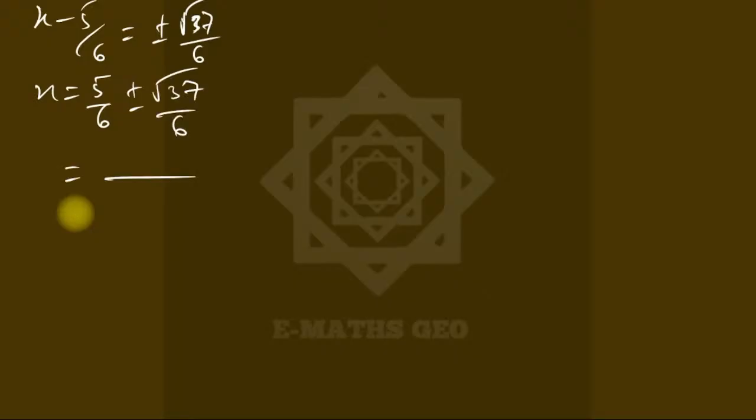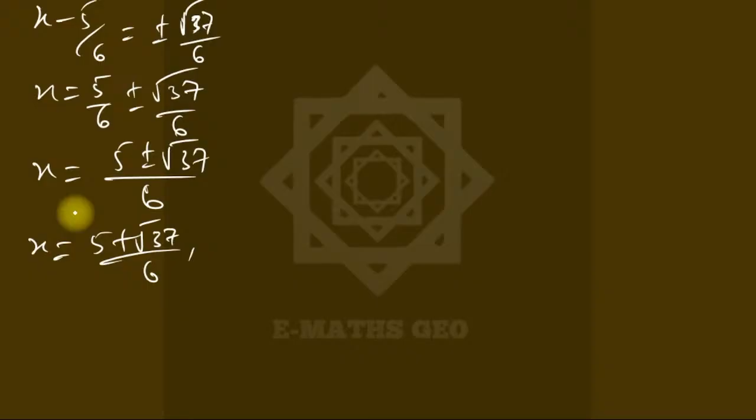And this is 5 plus or minus root 37, all over 6. And you know this means two answers. The first one takes the positive sign, the other the negative sign. So that's the meaning of it. That plus or minus is the answer.